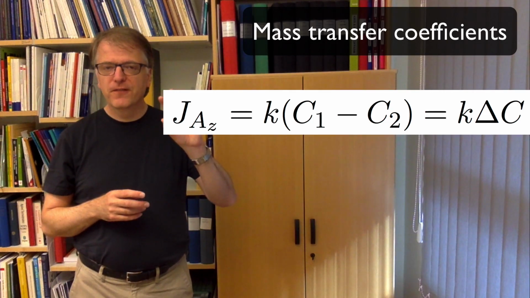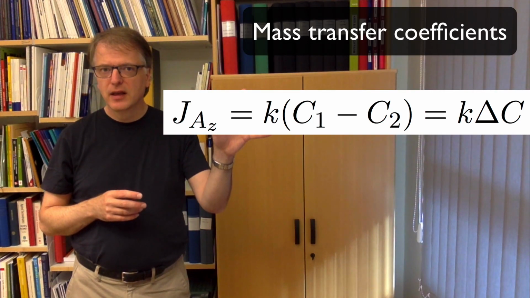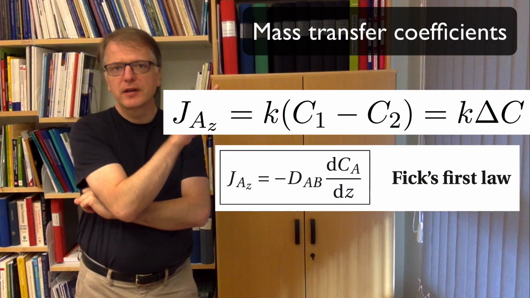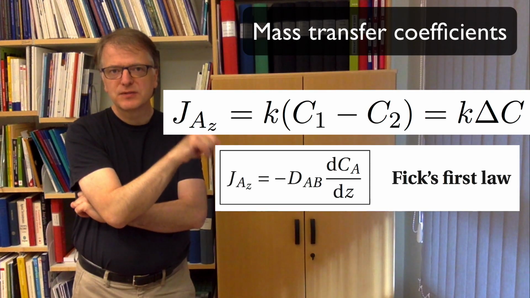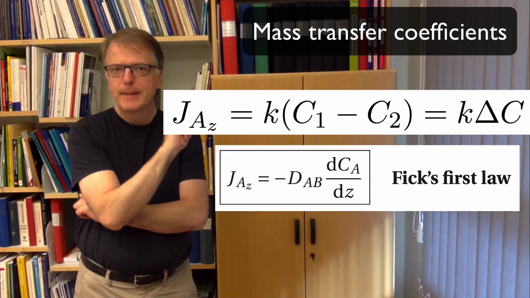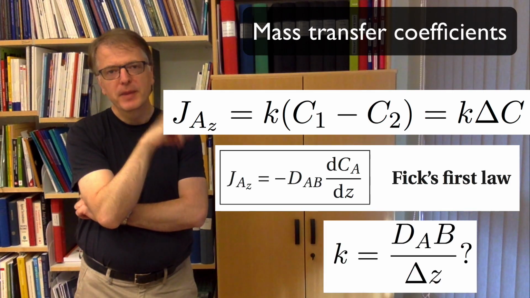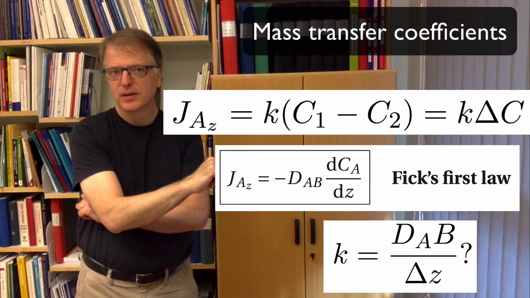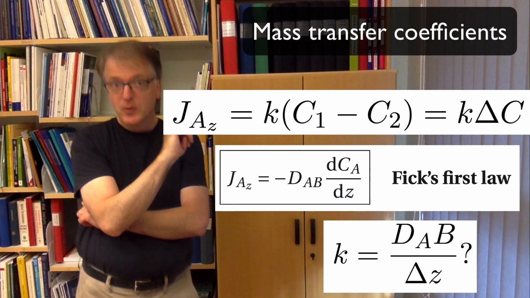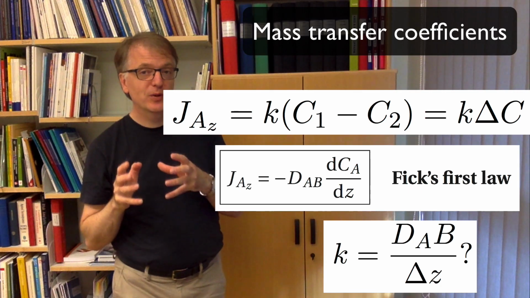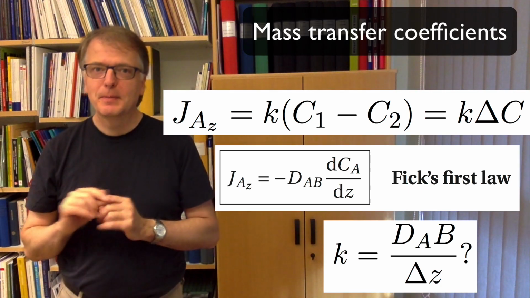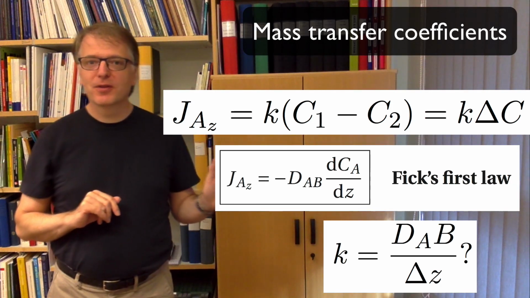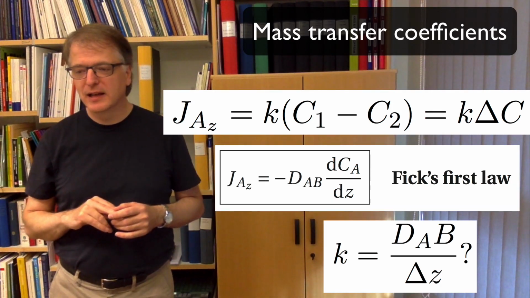But wait a minute, if you have an equation like that, and you have Fick's first law, you can compare the diffusivity and the mass transfer coefficient. And maybe you here realize that perhaps the mass transfer coefficient is the diffusivity divided by the distance. Perhaps. We will come back to that later and show that that might be the case, but it might not be exactly the case. So this is the two-film theory that says this, but we will talk more about that later.